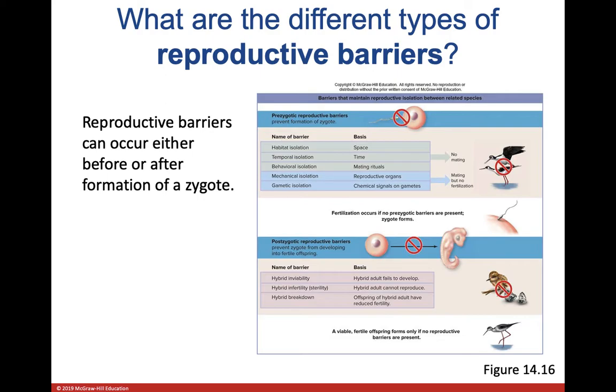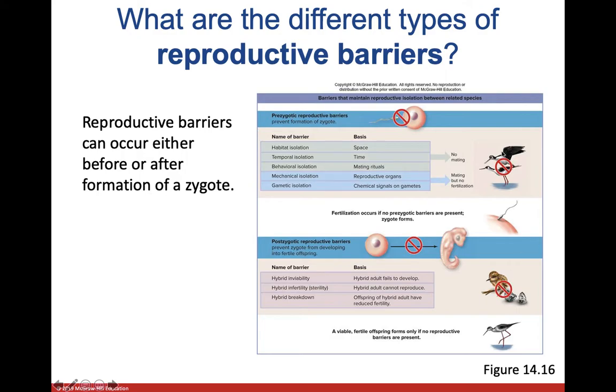So when that occurs, you are talking about something called a reproductive barrier, something that keeps two separate species apart from one another, something that prevents them from having babies. So if organisms encounter reproductive barriers, they are considered two separate species. They are not able to produce fertile reproductive offspring.